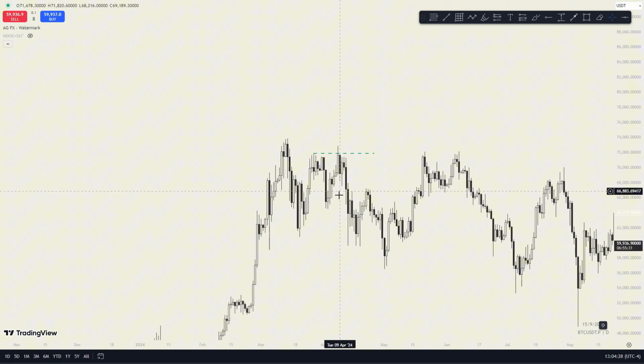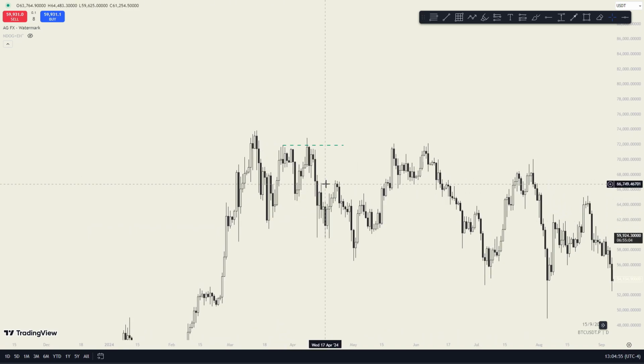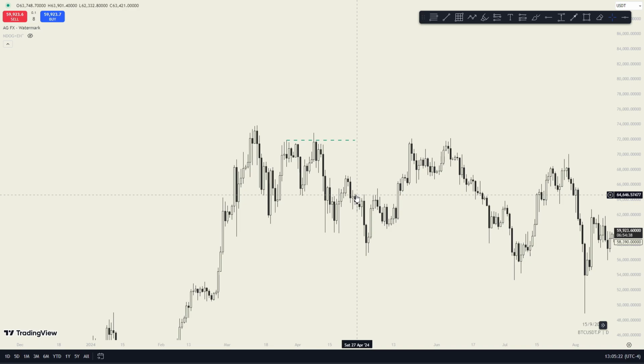So since this low didn't put in a new high, this low became weak and it got broken. This high didn't put in a new low, so we created a failure swing, and then it got taken. Here you can see that we created a sweep and we didn't take this low.